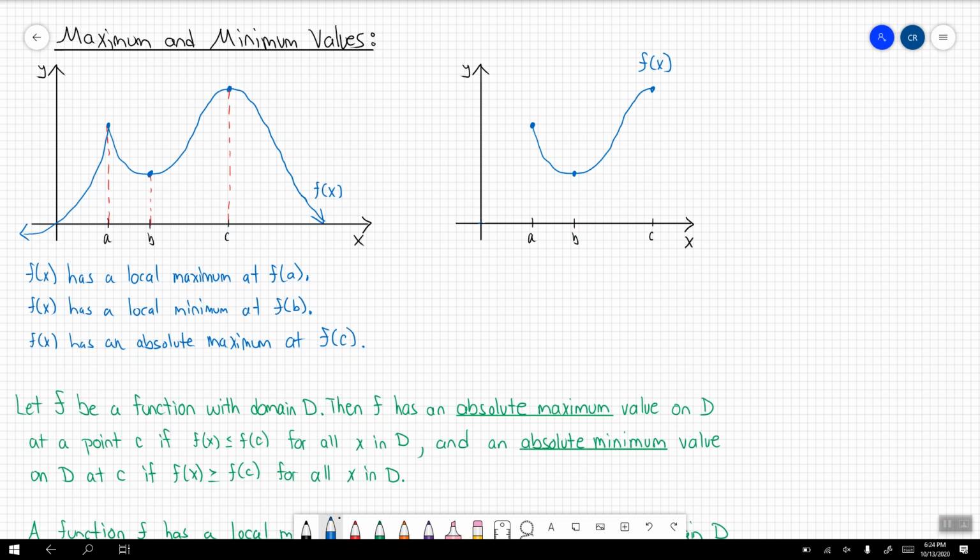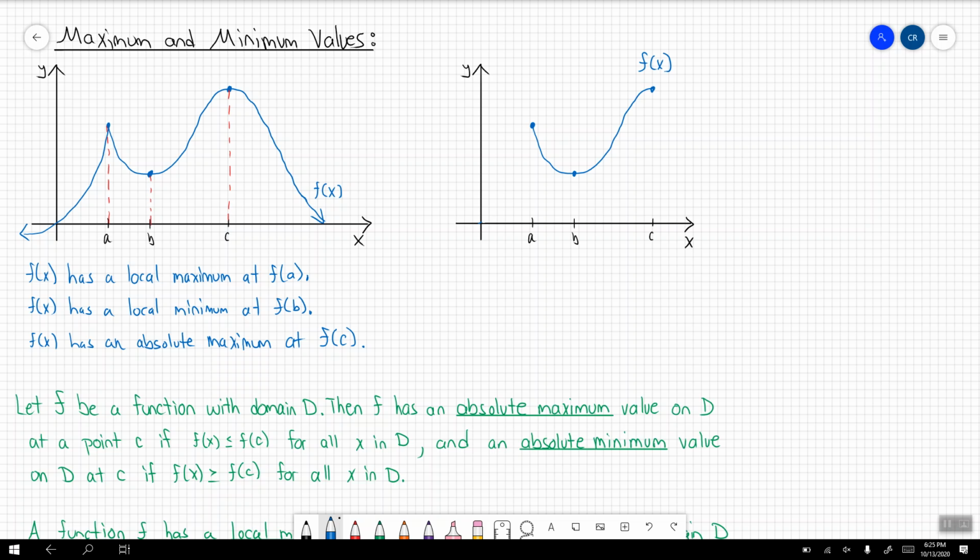Now, one of the items that you're also going to notice here, and we're going to go over to the right-hand side of the screen, where we now have this same function, f of x, but now I've restricted f of x to only exist on the interval from a to c.